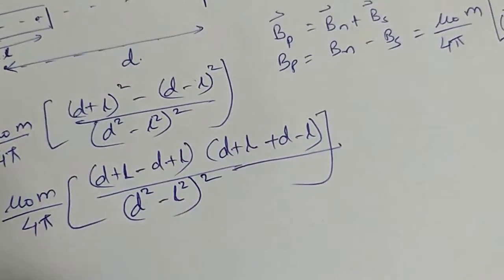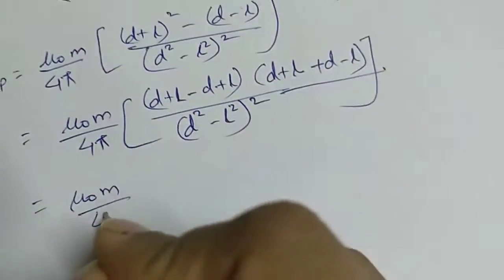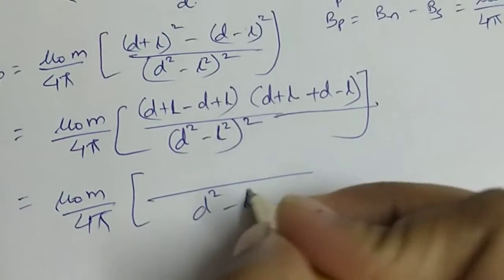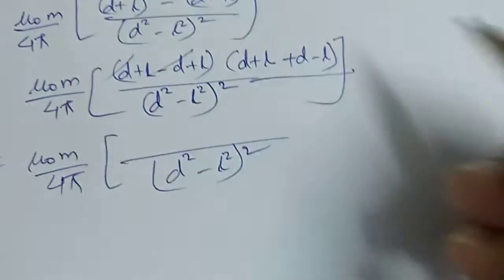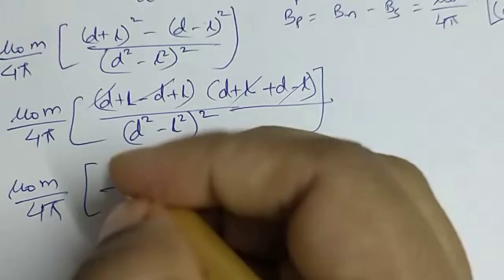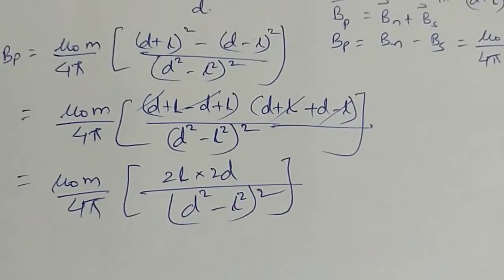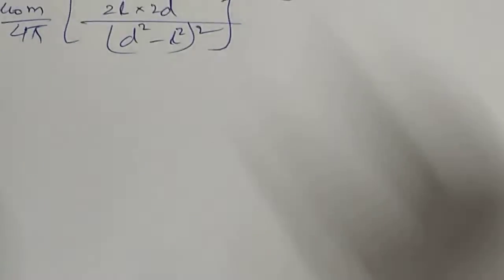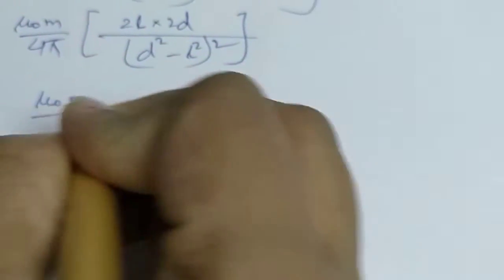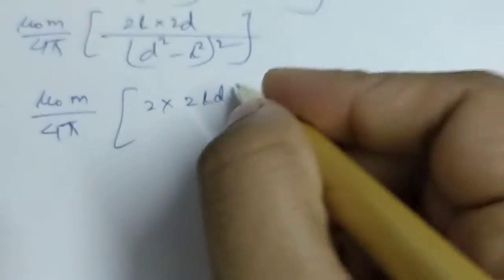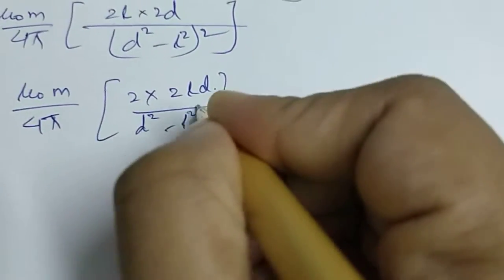Now see what cancels: this cancels and this one cancels, so we are getting 2L into 2D. Now 2 into 2 is 4. I'll write mu naught m by 4 pi, into 2 into 2LD, upon d square minus L square whole square.